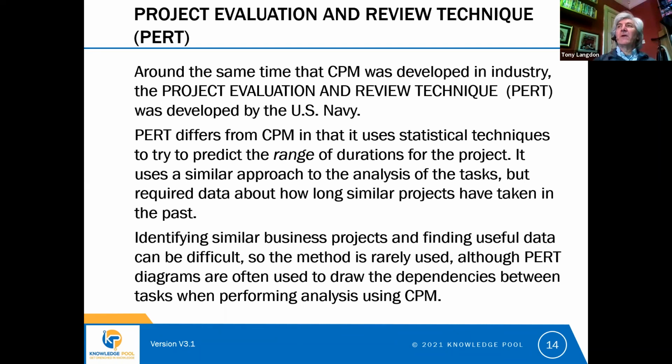It will tell you the project is going to take 15 days or 19 months or 72 weeks. The PERT technique tells you a range of durations. So it will say something like the likely duration for this project is between 4 and 6 weeks, or the likely duration of this project is between 24 and 27 days.